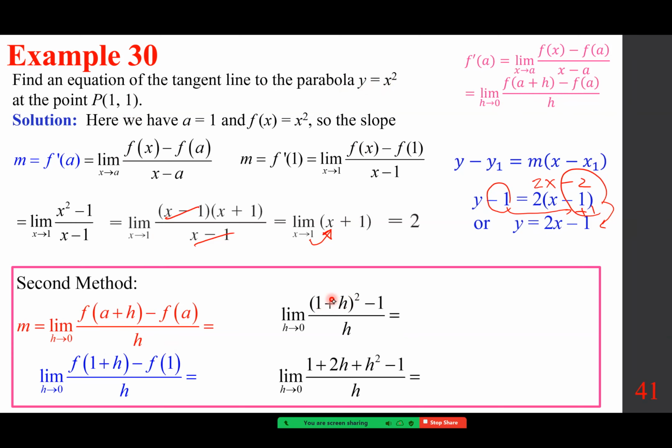So far, so good. Very straightforward. 1 and negative 1 cancel each other, obviously. And in the numerator, we can factor the h out. If we factor the h out, we get h times 2 plus h. And again, we can drop the common factor of h.